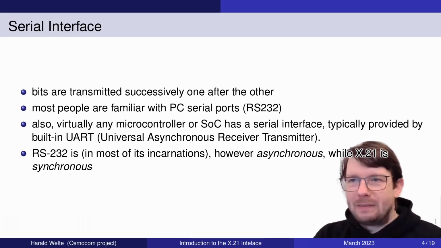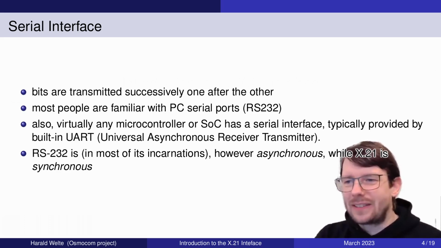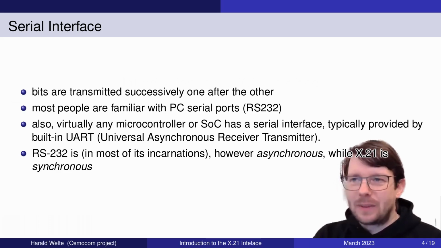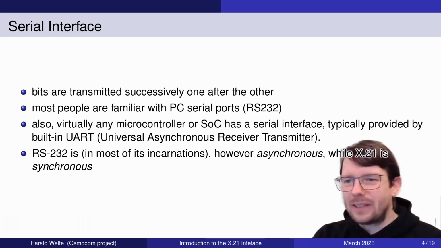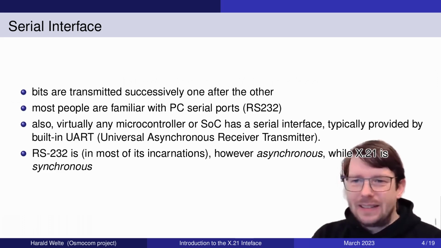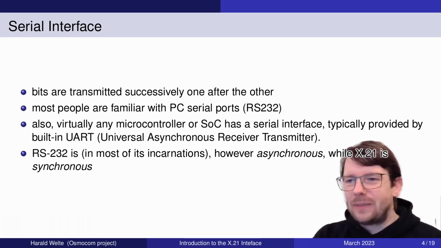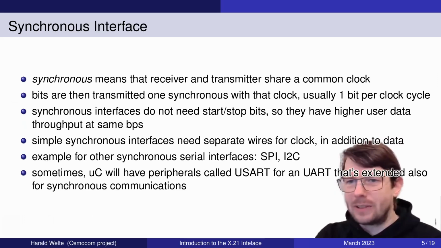And any microcontroller of the last decades typically has serial interfaces built in, provided by a so-called UART, Universal Asynchronous Receiver and Transmitter. These serial interfaces that most people are familiar with are, however, asynchronous, while X.21 is a synchronous interface, so there's a significant difference between those two.